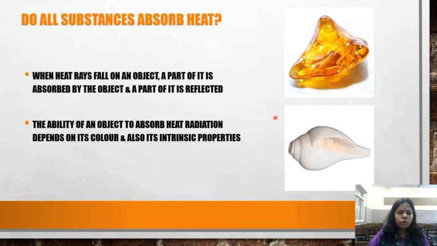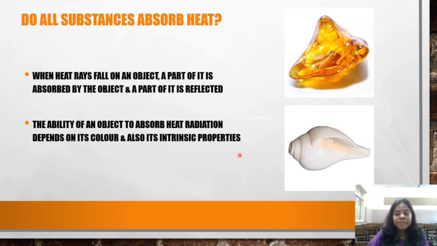Now, do all substances absorb heat? Yes, all substances do absorb heat. It depends on their capacity. It depends on their structure. When heat rays fall on an object, a part of it is absorbed by the object and a part of it is reflected. The ability of an object to absorb heat radiation depends on its color and also its intrinsic properties.